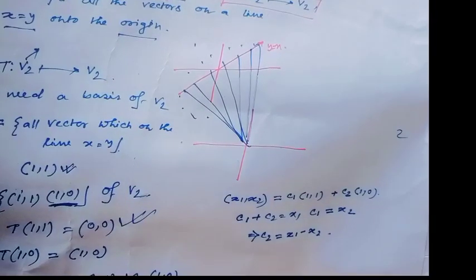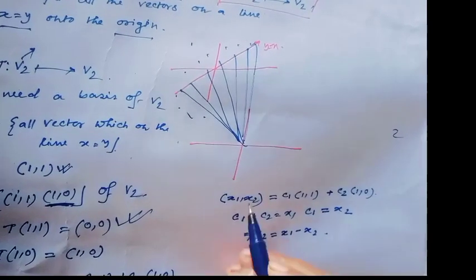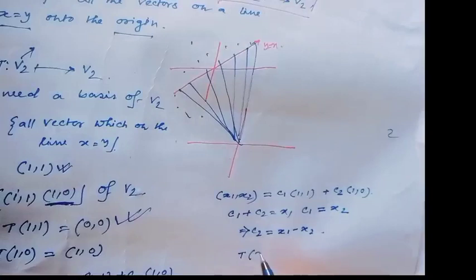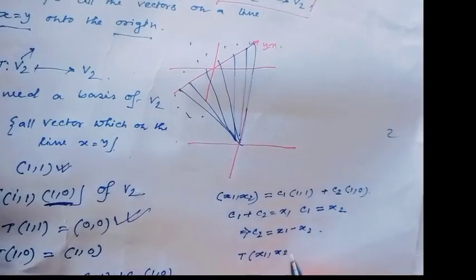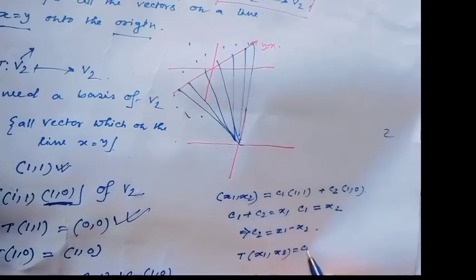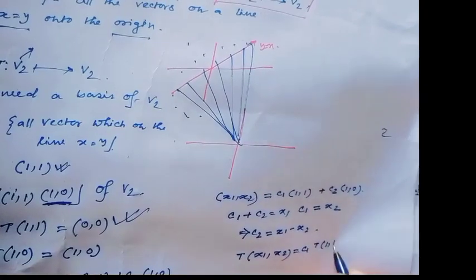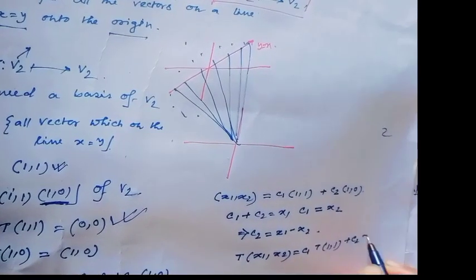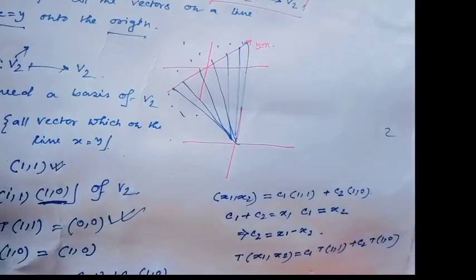Similar to before, now apply T on both sides. Then T of (x1, x2) equals C1 times T of (1,1) plus C2 times T of (1,0).